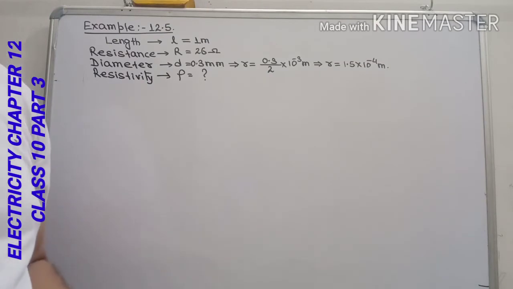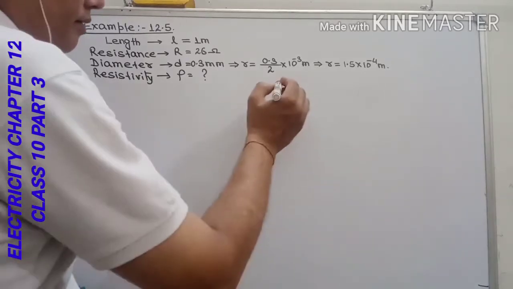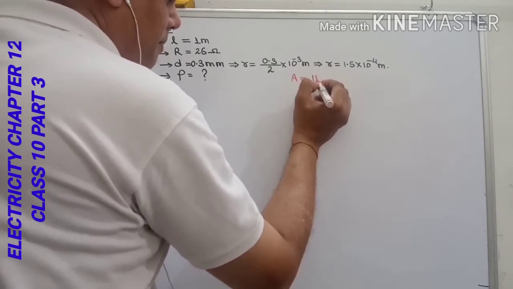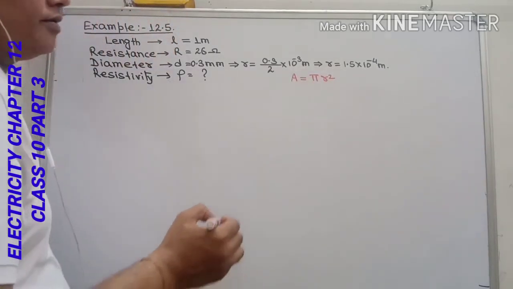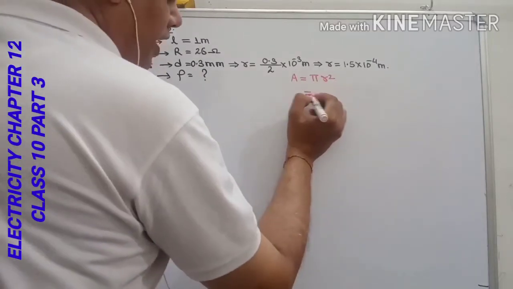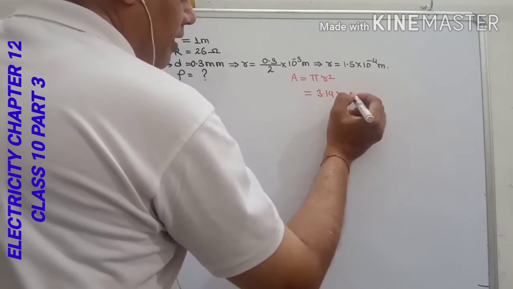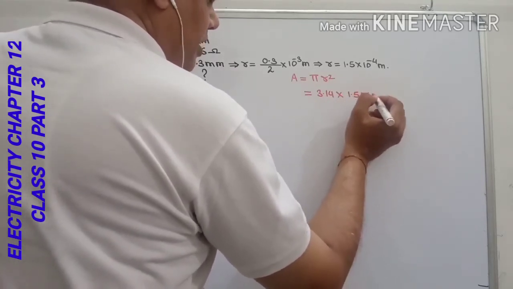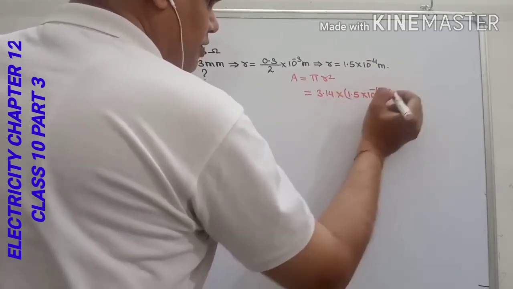Now we will have to find out the area, the cross sectional area of the wire. The area here will be equal to pi r square, or we will put the value here 3.14 multiplied by, this is the radius, 1.5 multiplied by 10 raised to the power minus 4 meter and whole square.